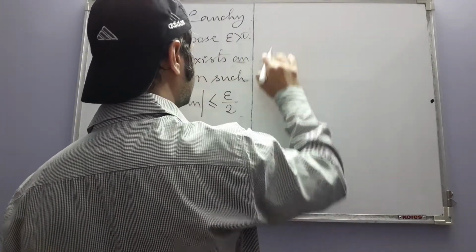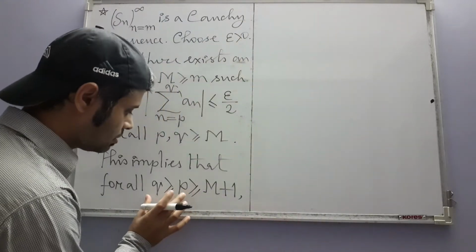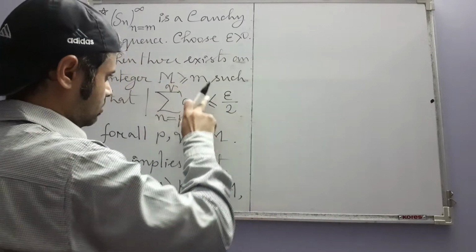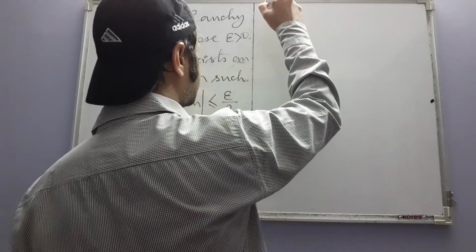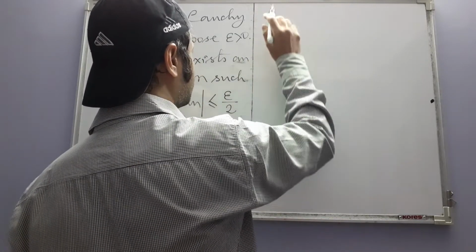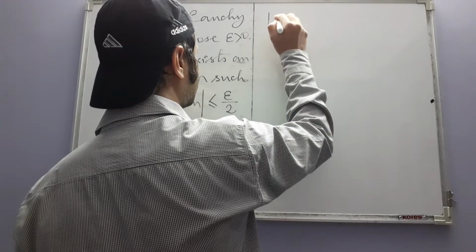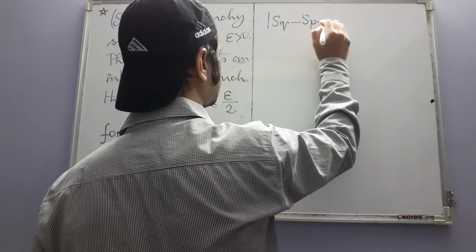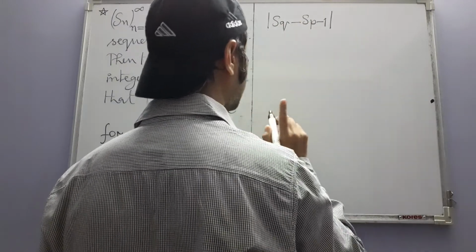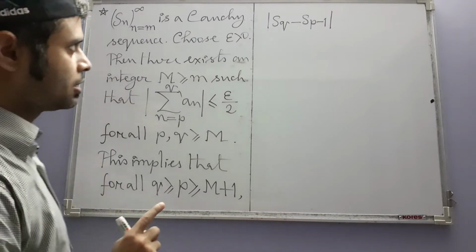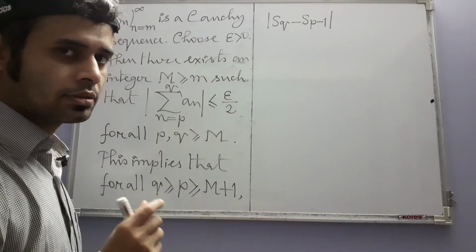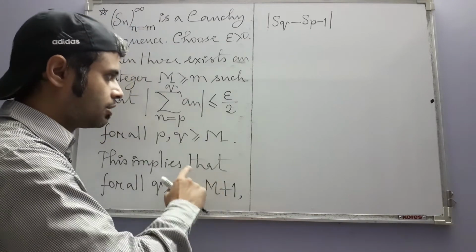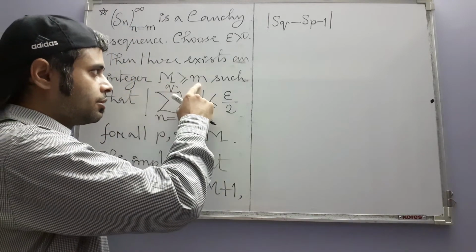But now, because of this inequality, Q being greater than or equal to P, this term becomes just like before, SQ minus SP minus 1. Again notice that SP minus 1 is an actual term in the sequence of partial sums, because P minus 1 is greater than or equal to M and M is greater than or equal to small m.